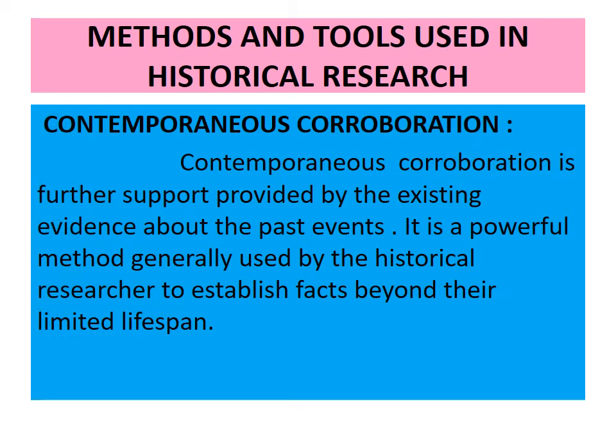Methods and tools used in historical research. Contemporaneous corroboration is the support provided by existing evidence of past events. It's a powerful method generally used by historical researchers to establish facts beyond their limited lifespan.